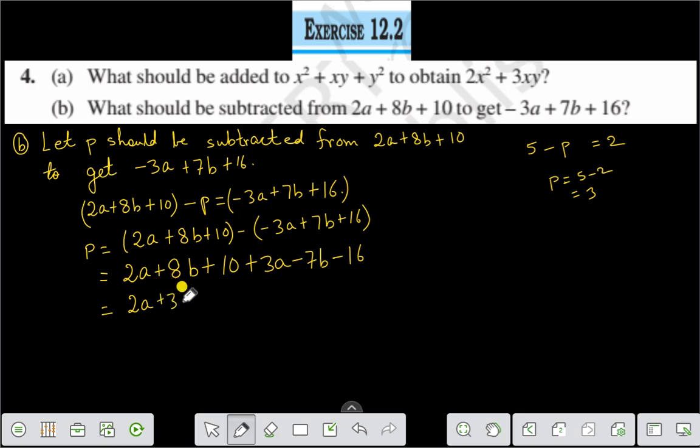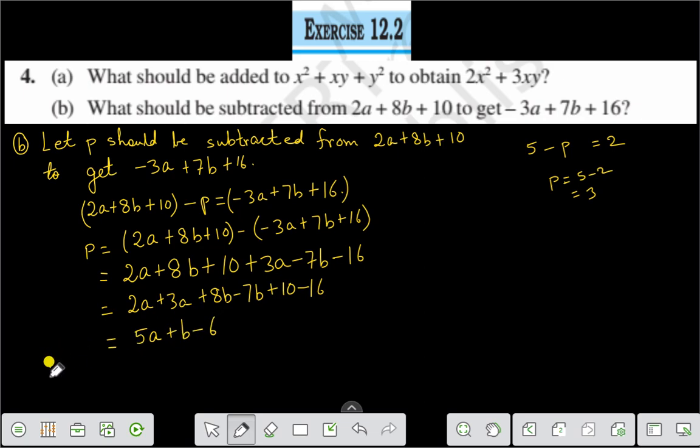Rearrange all the like terms. Plus 8b minus 7b plus 10 minus 16. So we are getting 2a plus 3a is 5a. 8 minus 7 is 1 plus b. 10 minus 16 is minus 6. That is 5a plus b minus 6.